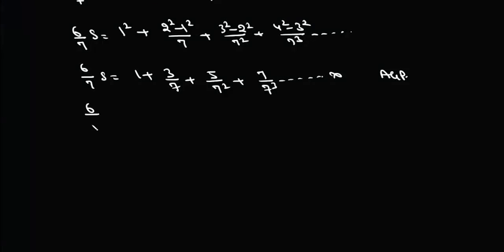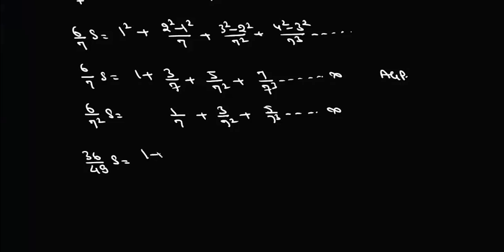So we can write 6 upon 7 square S will be 1 by 7, 3 by 7 square, 5 by 7 cube up to infinite, and if we subtract, we'll get 36 by 49 S and here will be 1 plus 2 by 7, 2 by 7 square, 2 by 7 cube up to infinite.